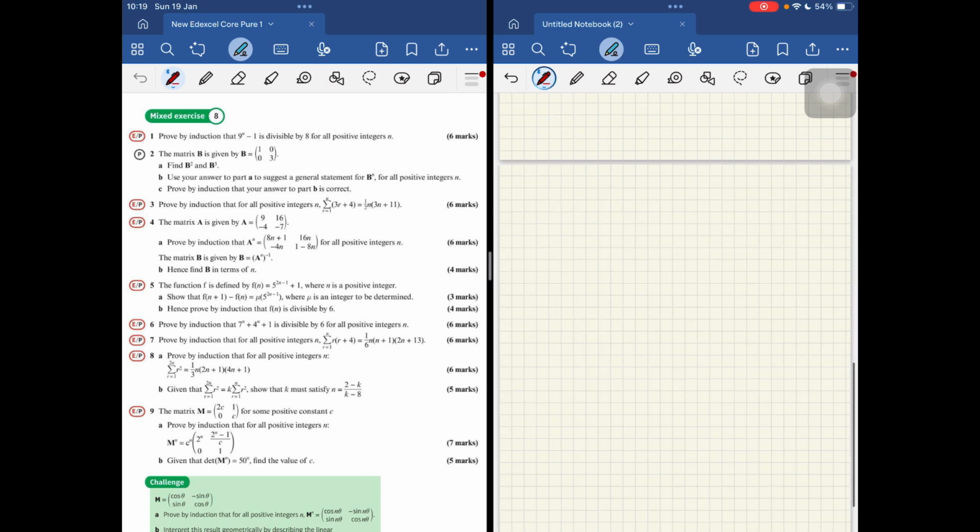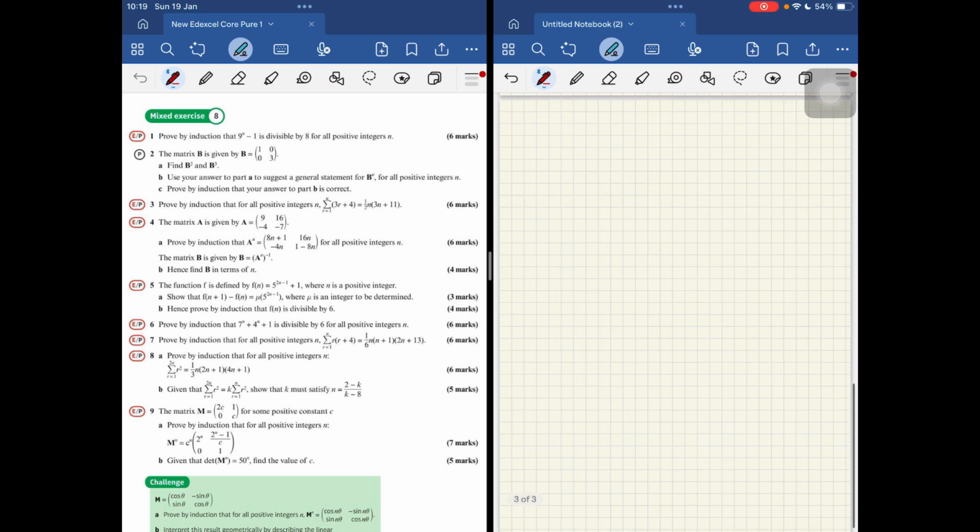Number 3. Induction, all positive integers. So the proposition is the sum from r equals 1 to n of (3r plus 4) equals 1 over 2 times n times (3n plus 11), for n positive integers. So n equals 1: this is the left-hand side, this is the right-hand side.